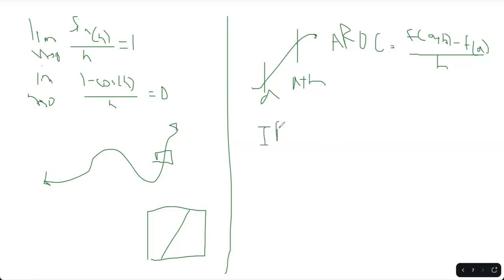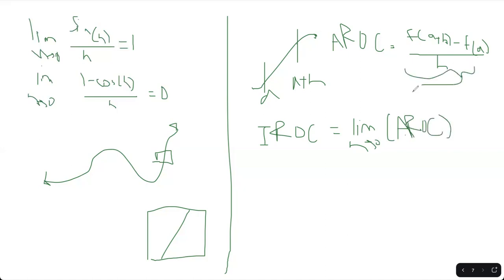IROC, or instantaneous rate of change, though, is more useful because what we can do is write limit in front of the AROC. Just the same expression, except we just have a limit. So I'm just going to write AROC here to save some space. But you just plug in this expression into this limit, and you get the instantaneous rate of change at that point in time.